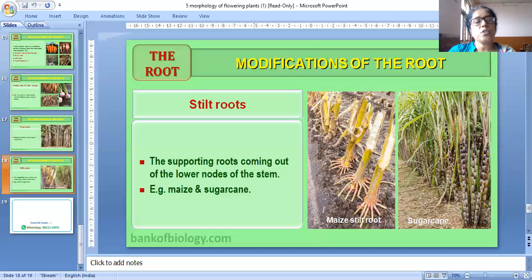Hence, the ovary is said to be inferior, as in flowers of guava and cucumber, and the ray florets of sunflower. So, see this one. This is a hypogynous flower. These two are perigynous only. These two have a semi-inferior ovary. And this is a fully inferior ovary.